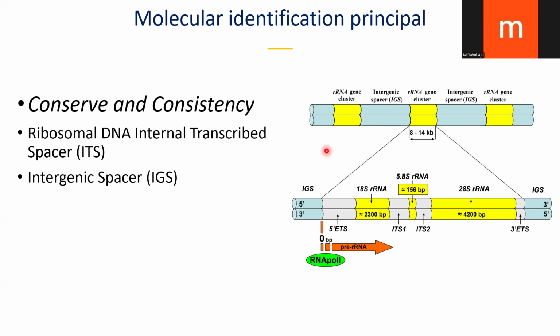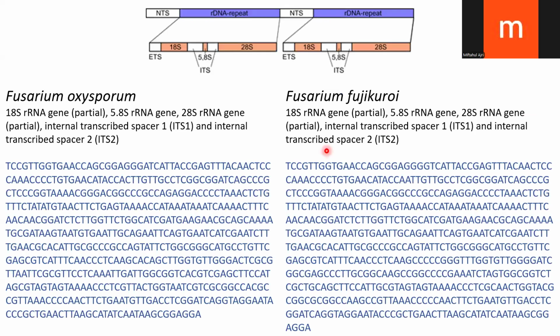Maybe we can see it in the next slide. This one. The rDNA gene cluster consists of repeated rDNA units, shown in purple, with non-transcribed spacer or NTS separating each unit.